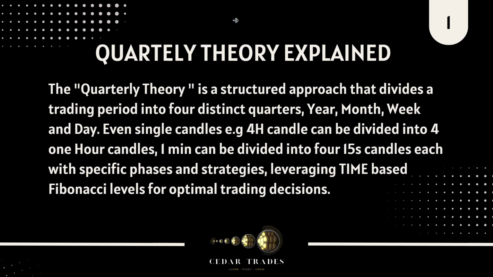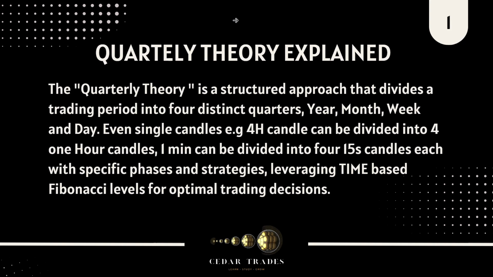The quarterly theory is a structured approach that divides a trading period into 4 distinct quarters. A year turned into 4 seasons, or 4 quarters, would be 3 months each. Then we have 3, 6, 9, 12 months. That makes up a whole year.